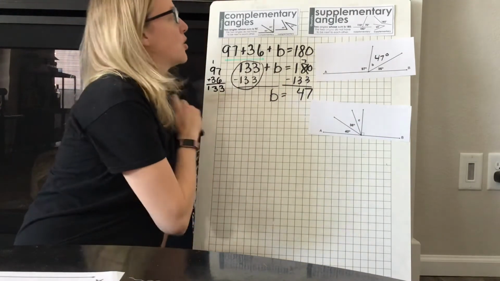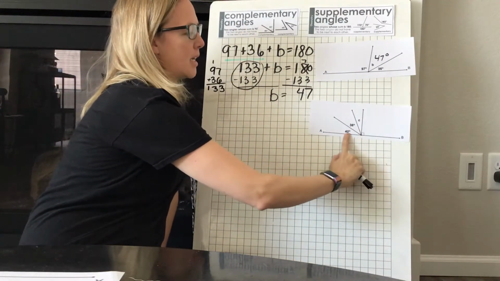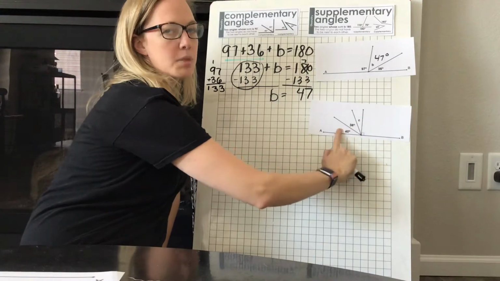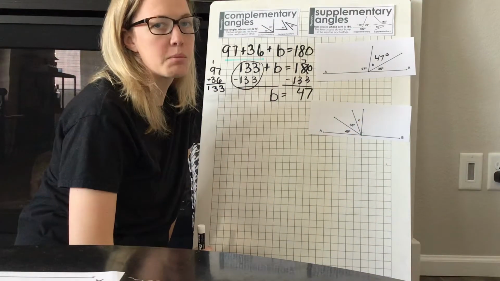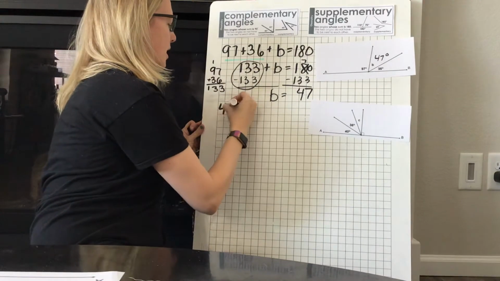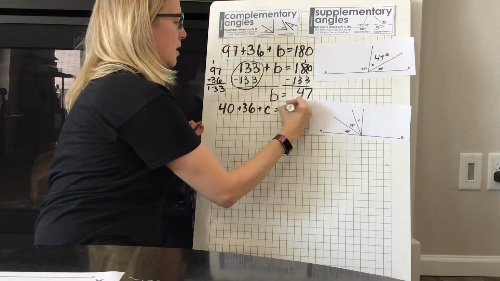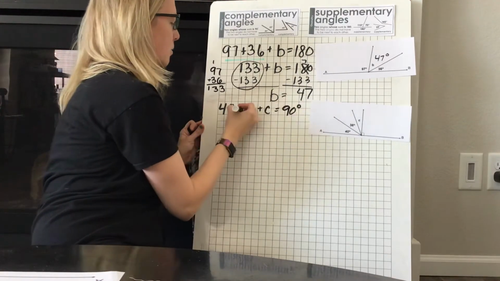All right, you should have chosen complementary angles because if this angle here is 90, it means that these three items here should also be adding up to 90 degrees. So I would be writing this equation as 40 plus 36 plus C equals 90.